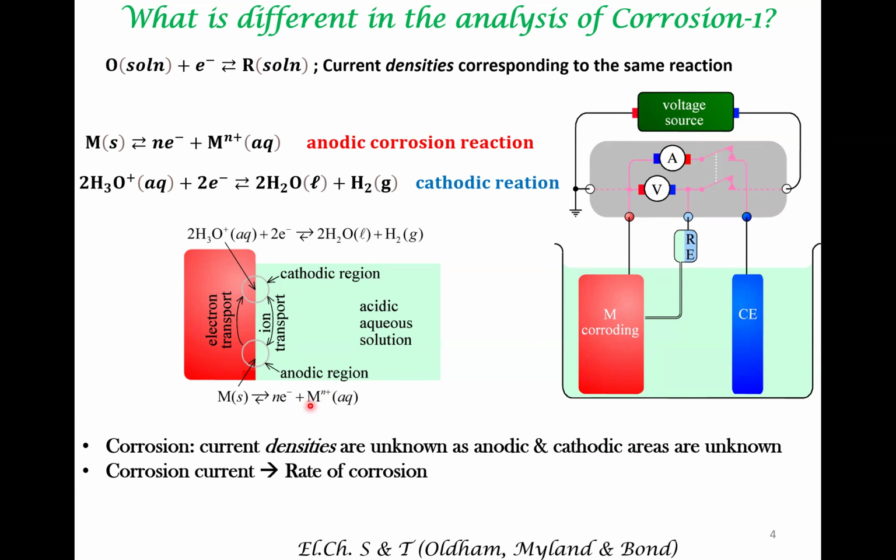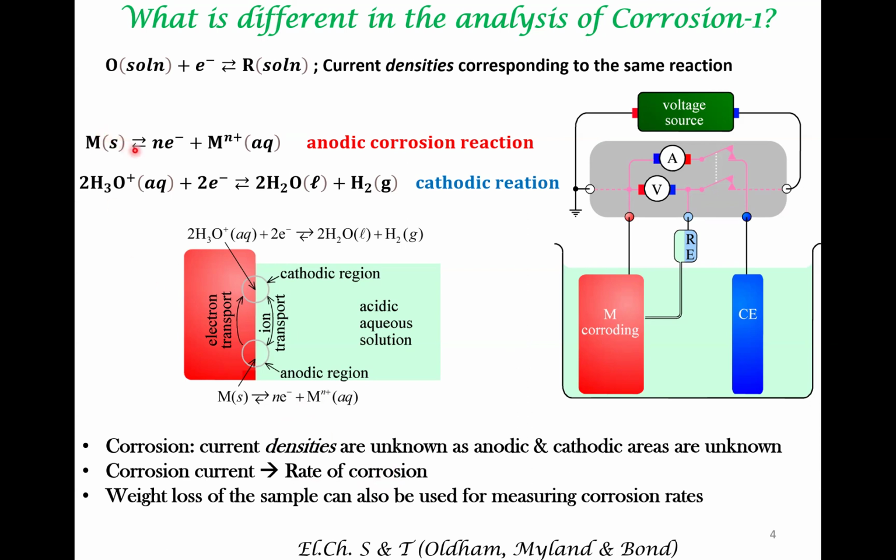From corrosion current, we can get to the rate of corrosion. It is also important to understand that there are other ways of getting to the rate of corrosion. We can look at weight loss of a sample. When a metal gets corroded and dissolves away, the weight of the metal sample decreases. So that is also a measure of corrosion rate.